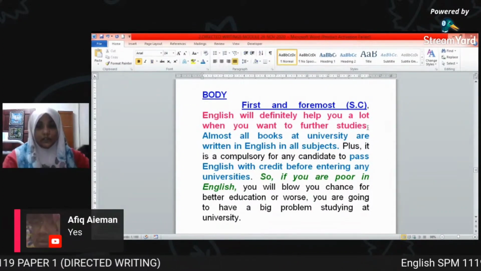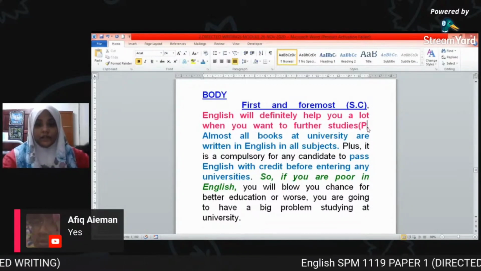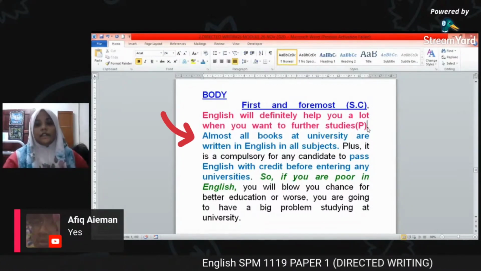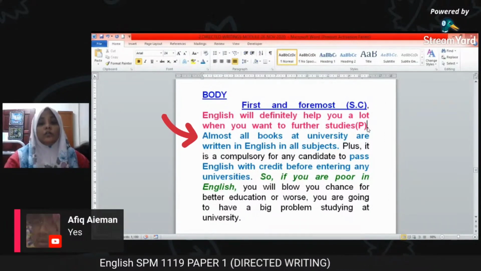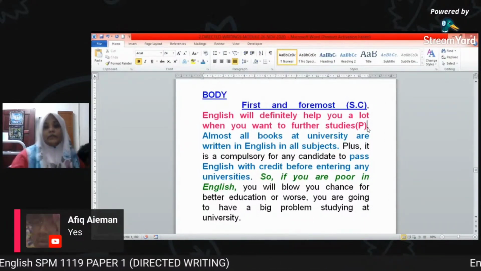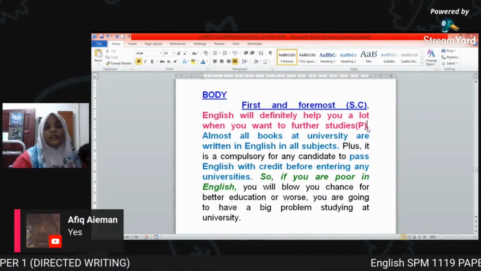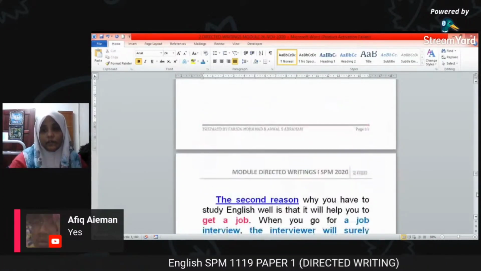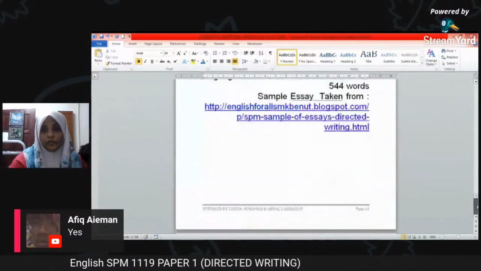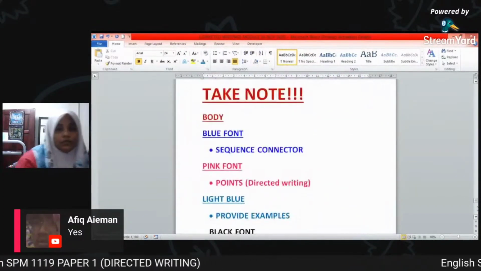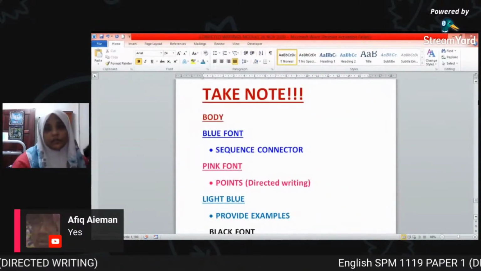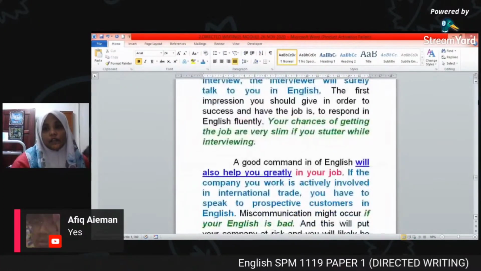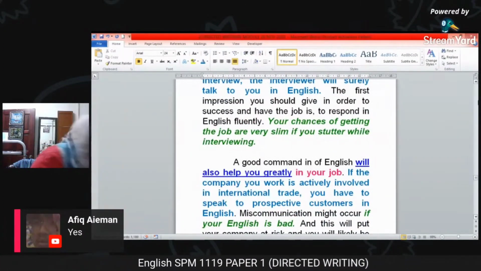Points, the point given in the essay. Almost all books at university are written in English in all subjects. What is light blue? Examples.